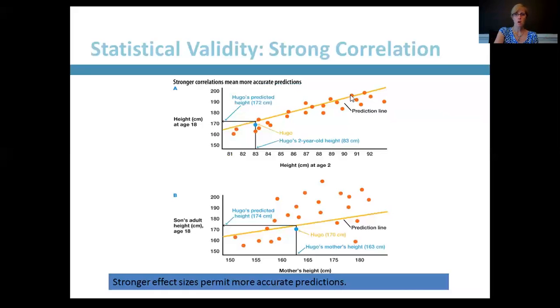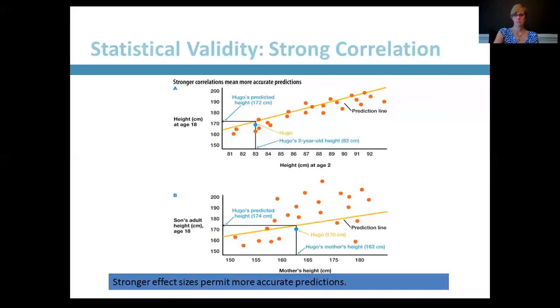So this is a strong relationship. It's a strong effect size. Down here, they're kind of scattered. So the R is going to be smaller. It's not as tight a relationship. There's still this positive trend, but it's much weaker. All right. So R does tell us how big an impact this is. How tight is this relationship?